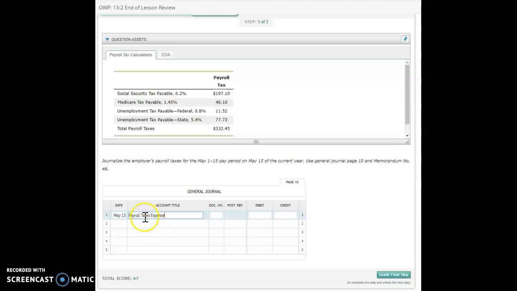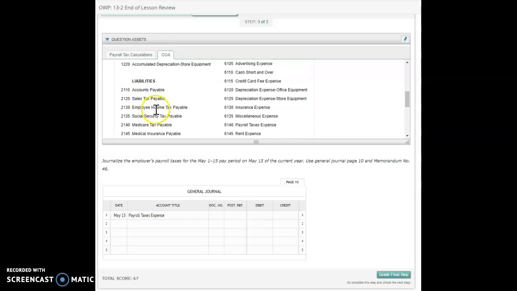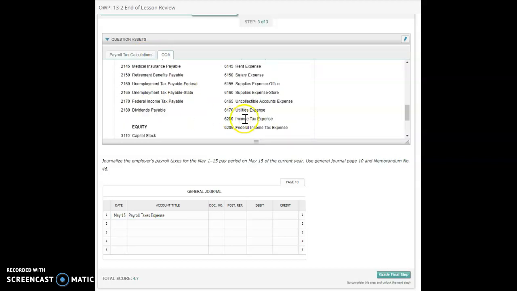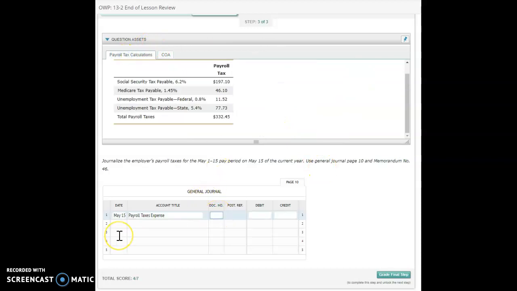If you are unsure of what to call it, look into this chart of accounts, look at your liabilities, or I'm sorry, your expense account. So you'd have your payroll taxes expense here, you'll see. Okay, memo number 46, so M46. And the debit amount is that total, so $332.45.